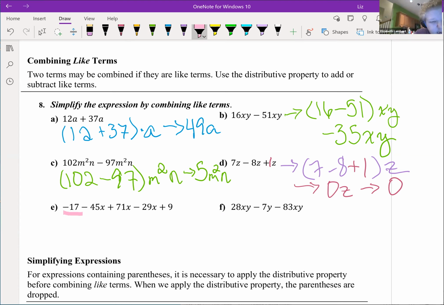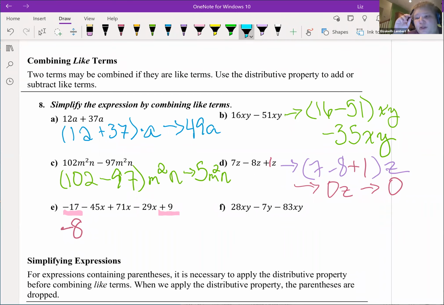All right, so negative 17, then I have minus 45x plus 71x minus 29x plus 9, no x. Those guys are like. So negative 17 plus 9 leaves us with 8 negatives left over. So those two combine to be negative 8.